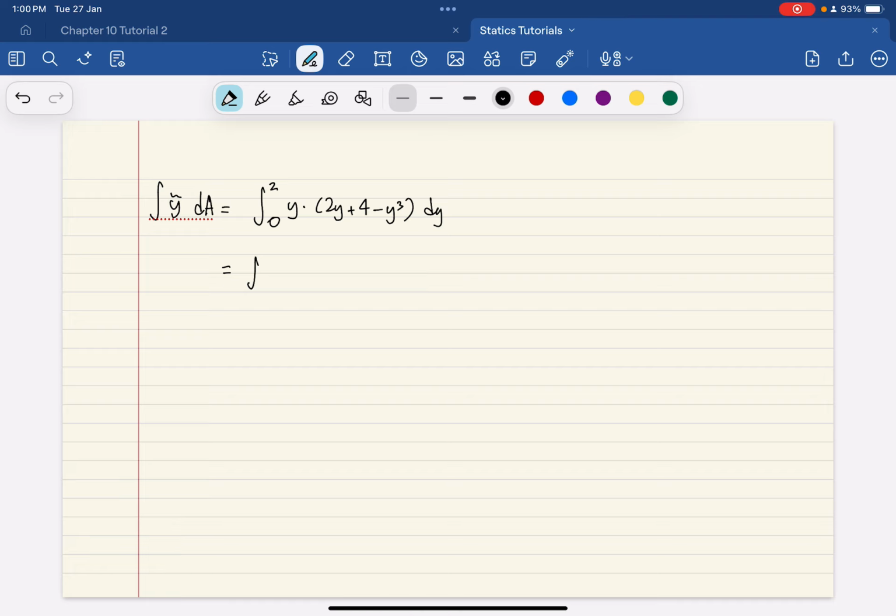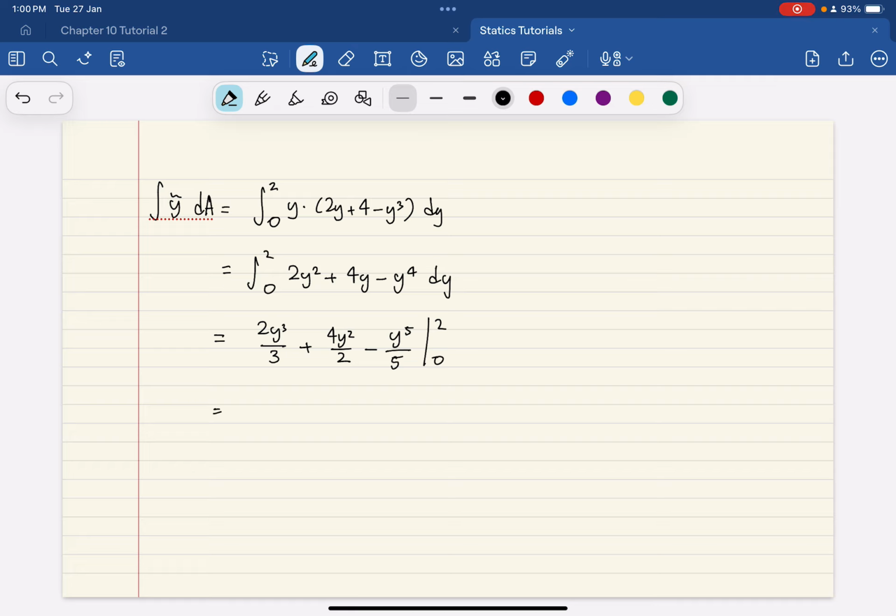First you multiply the y into the equation to make it easier. So it becomes 2y squared plus 4y minus y to the power of 4 dy. Then you perform the integration, so it becomes 2y cubed over 3 plus 4y squared over 2 minus y to the power of 5 over 5, and then you put your limits 2 and 0.